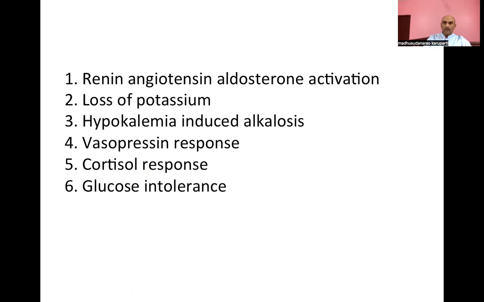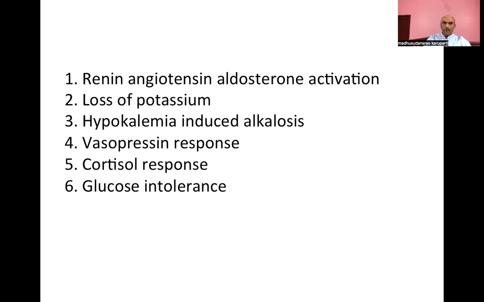So, the juxtaglomerular apparatus of the nephrons will sense the volume depletion in the system and trigger the renin-angiotensin aldosterone activity. This results in loss of potassium and retention of sodium and bicarbonate.